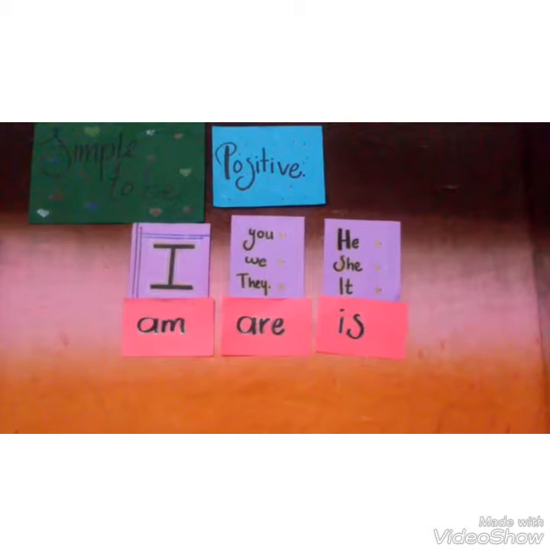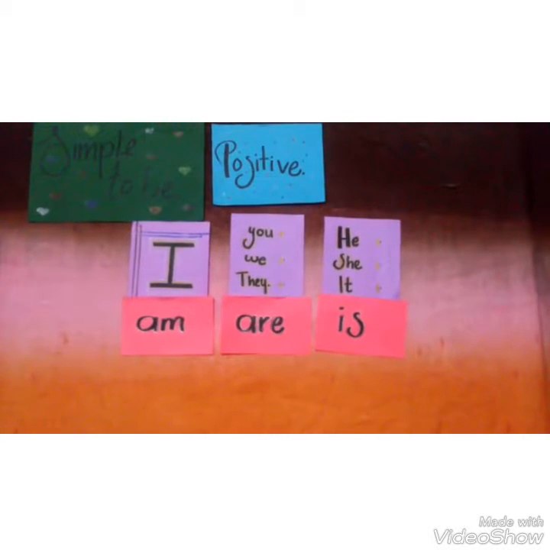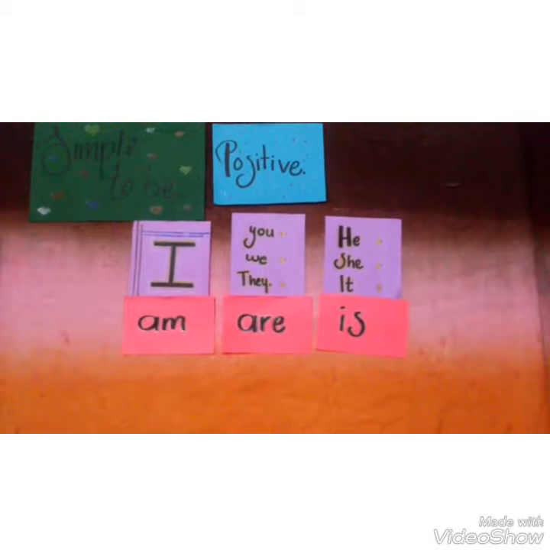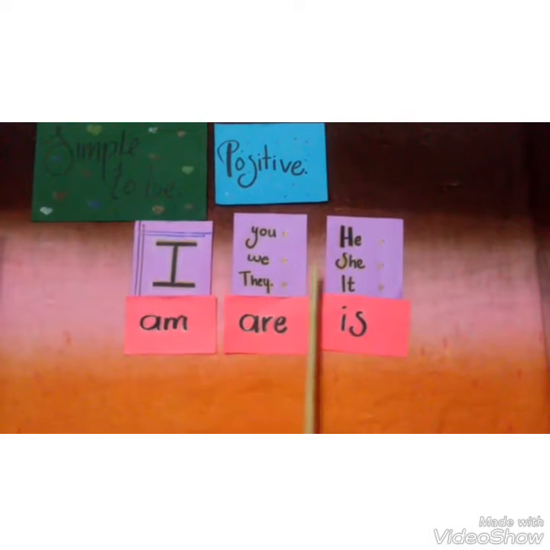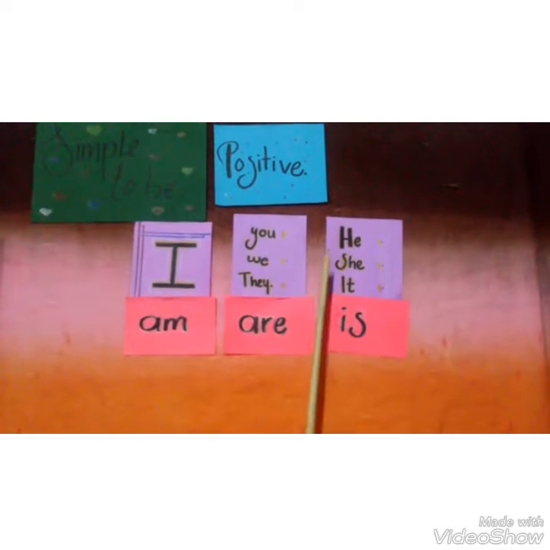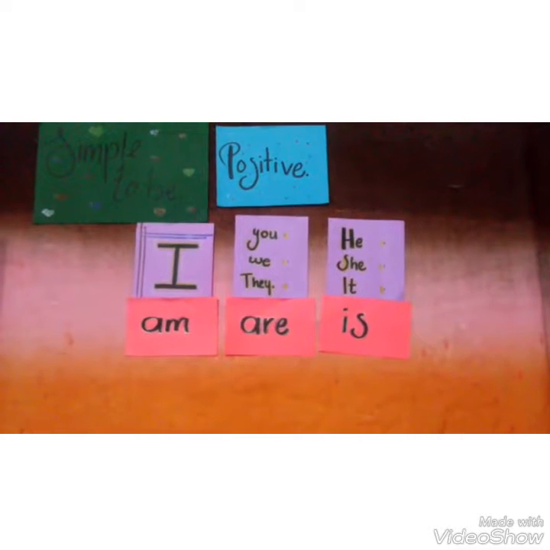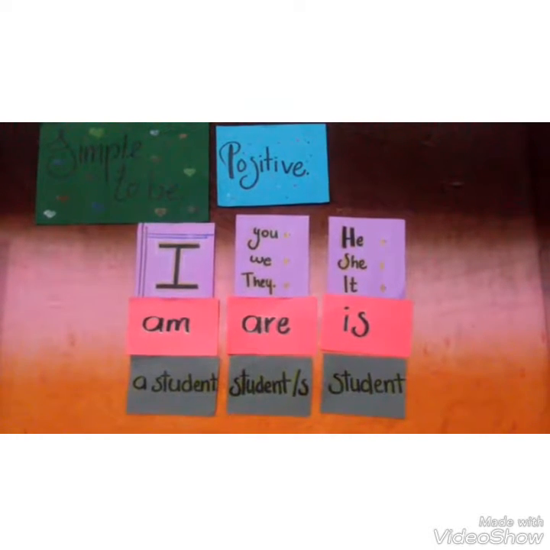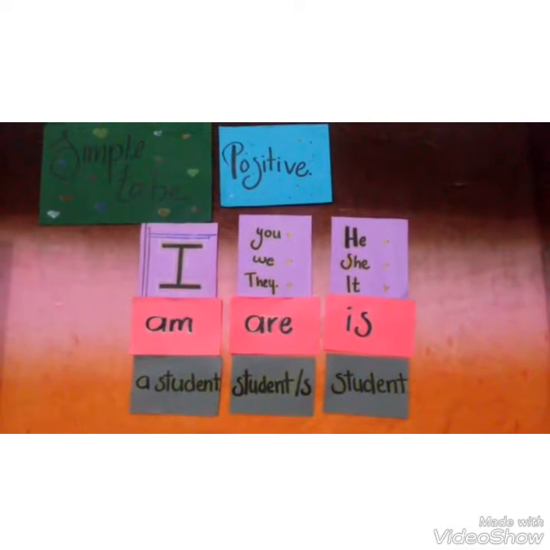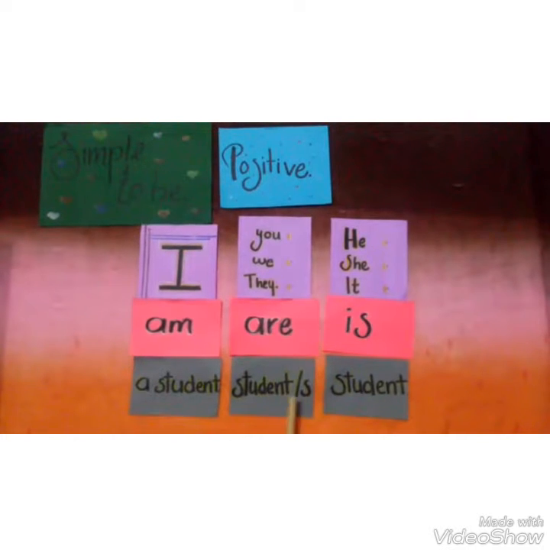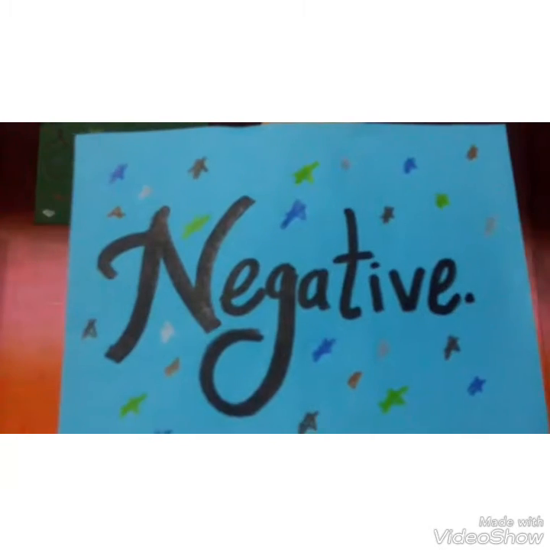The form of this verb depends on the pronoun identified in the sentence. I am, you are, we are, they are, he is, she is, it is. Finally, we place the noun, in this case, student. Remember that in the plurals you must add an s at the end.